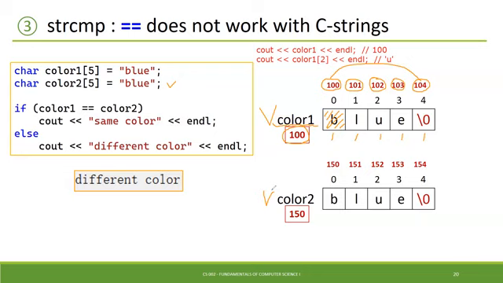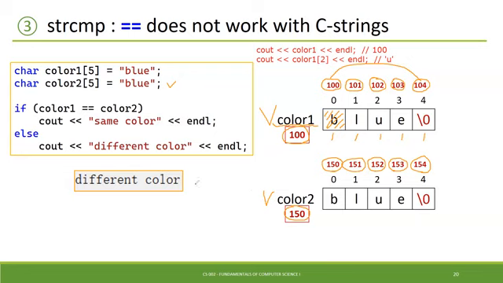Here I just assume that the first letter is created at this address. The next letters will be at 151, 152, 153, and 154. This is color2, and the name of the array will have the first address, so 150. Any questions so far?